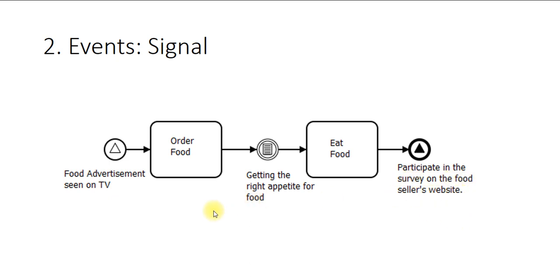Remember, the food seller put an advertisement on TV which invoked a response by which we ordered food, and then we waited in a conditional event until we felt hungry. Then we ate food, and then we participated in a survey, which is the end signal event, on the food seller's website. So this is an example of a signal event.